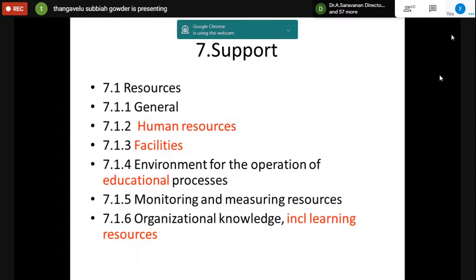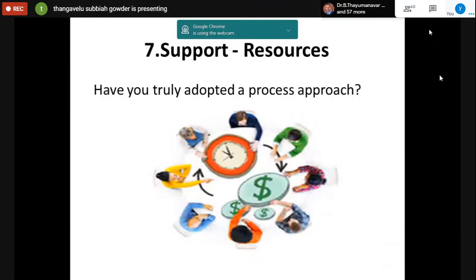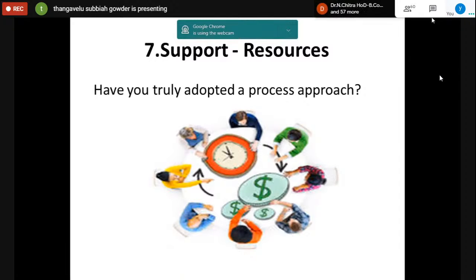These are the support to ensure. We need to have resources in the form of buildings and IT related items and laboratories, library and other infrastructure, transportation, faculties, everything is included.